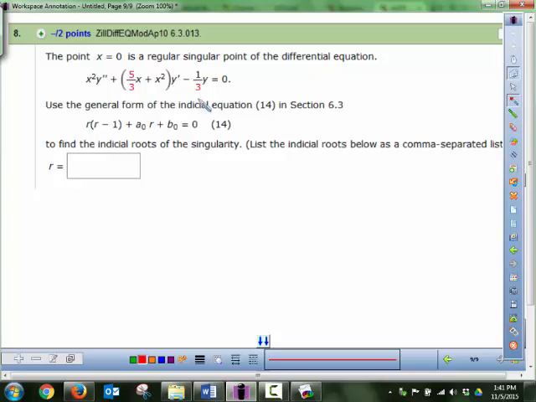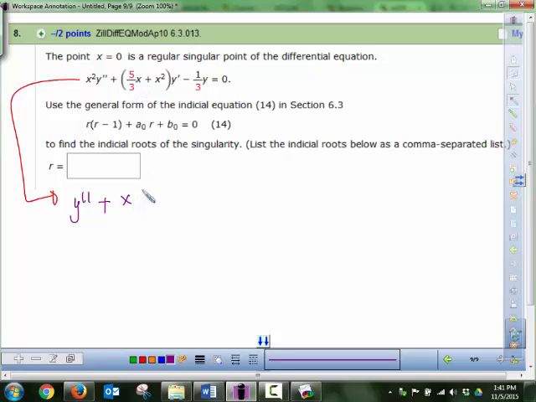In order to do that, we need to set up our capital P and capital Q of x. Let's rewrite our differential equation as y double prime, dividing the whole thing by x squared. I can factor out an x from the parentheses, so I have 5/3 plus x.